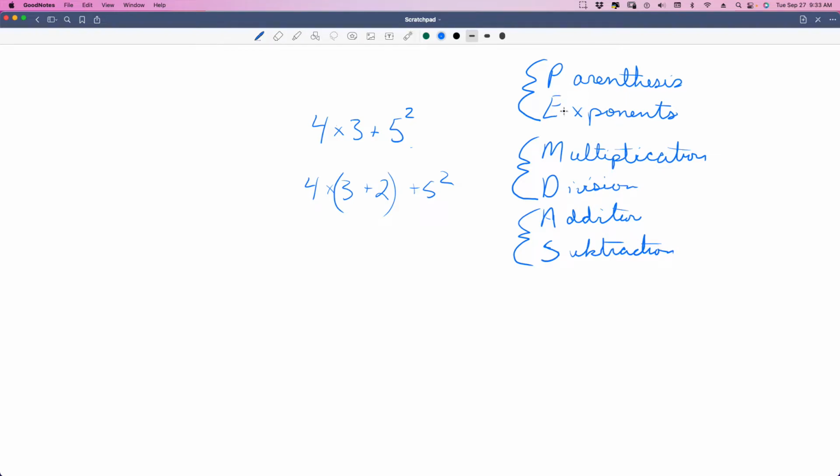So we perform parentheses and exponents. We look at the parentheses. We see if there's any parentheses first. If there are parentheses and there is an exponent in the parentheses, then we do the exponent within the parentheses first. If there are no parentheses, then we move to just looking for exponents. But these are kind of grouped together.